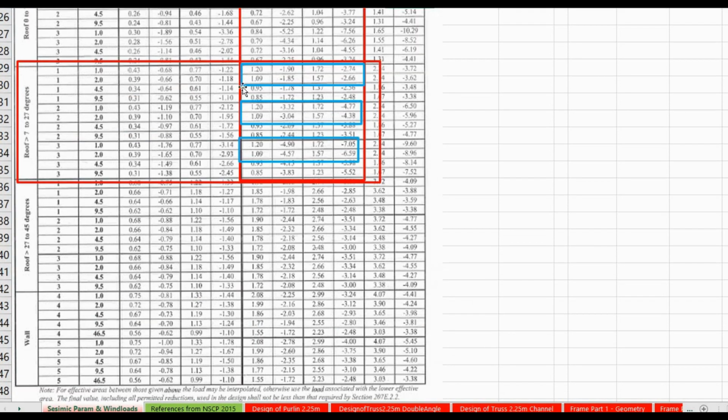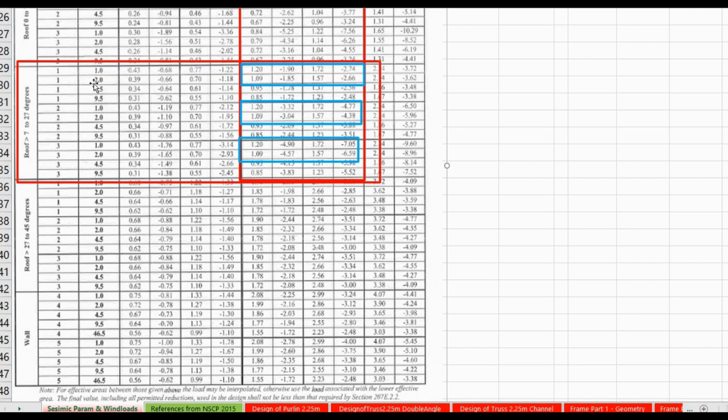So, manggagaling dito, yan 1.2 tsaka negative 1.9. Then, this is windward and leeward pressure. So, mapapansin nyo na yung windward is 1.2 positive. Ibig sabihin, pressure yan. Itinutulak yung surface. And then, for leeward, negative 1.9, meaning it is suction.